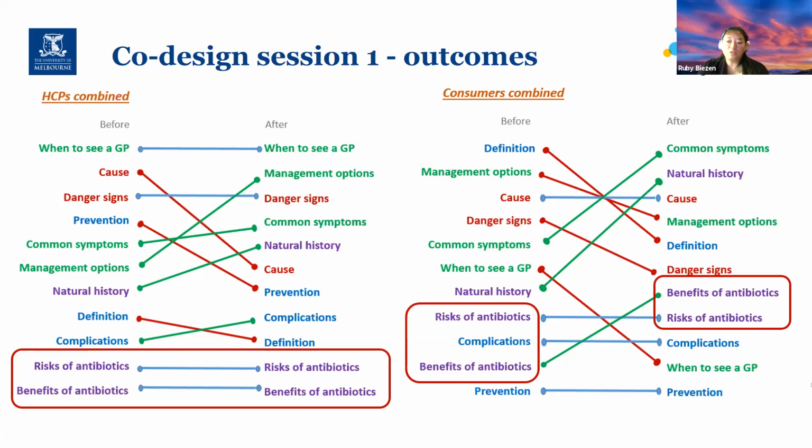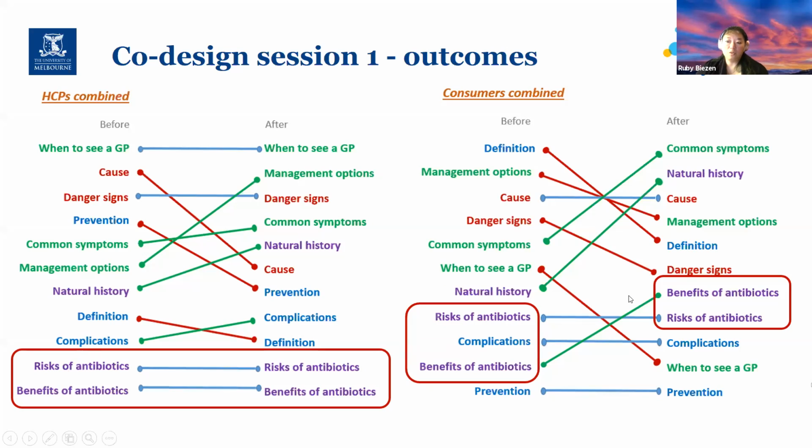So the exercise shows that healthcare providers and consumers prioritise information differently. What we as healthcare providers and researchers thought end users may want is not necessarily the case. This demonstrates the importance of any tool development including a co-design process centred on both healthcare professionals and patients, who are your end users.